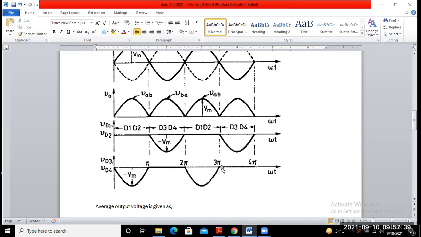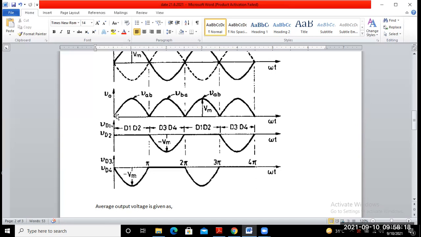One more waveform we can draw here, the output current waveform. We already explained that we consider a purely resistive load circuit, so the voltage waveform is the same as the current waveform, because current is voltage divided by resistance.